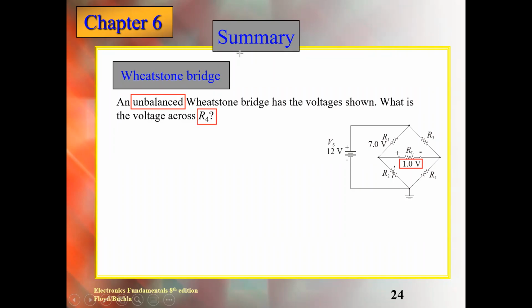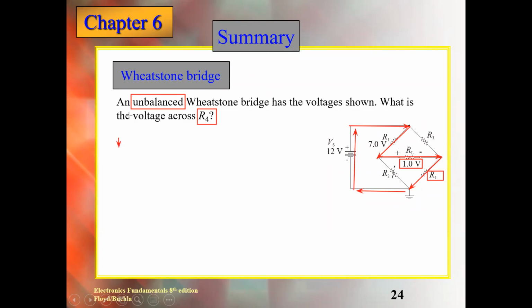R4. So again, same way, because R4 is there, we can choose a path, and I told you we can choose any path, no problem. We can choose this way, but we will choose the one which we know, because we know R1. That's why we are not choosing this path. We are choosing this one because we know the voltage across R1. Then we will go this way because we know the total voltage. Then we will be completing the loop. So same concept. Now you can apply.